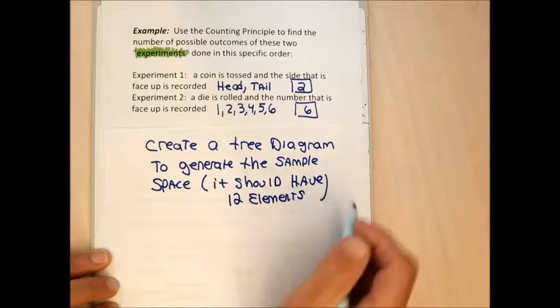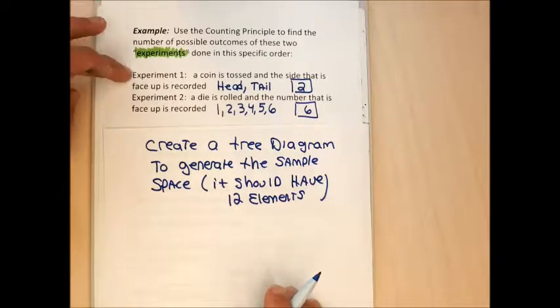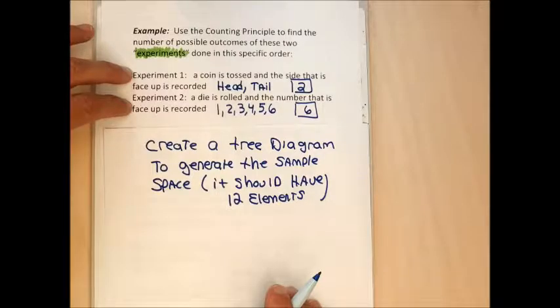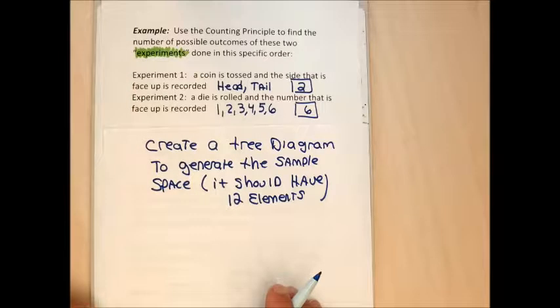The counting principle says because experiment 1 had 2 possible outcomes and experiment 2 had 6 possible outcomes, doing experiment 1 followed by experiment 2 should generate 12 possible outcomes. I'm going to create all 12 possible outcomes, and I'm going to call that the sample space. I'm going to do that using a tree.